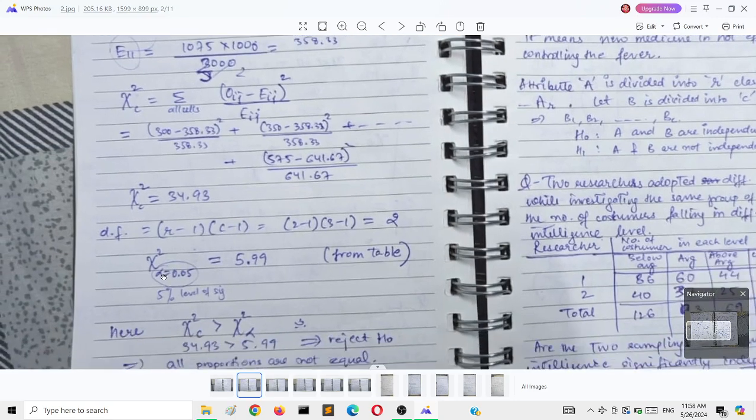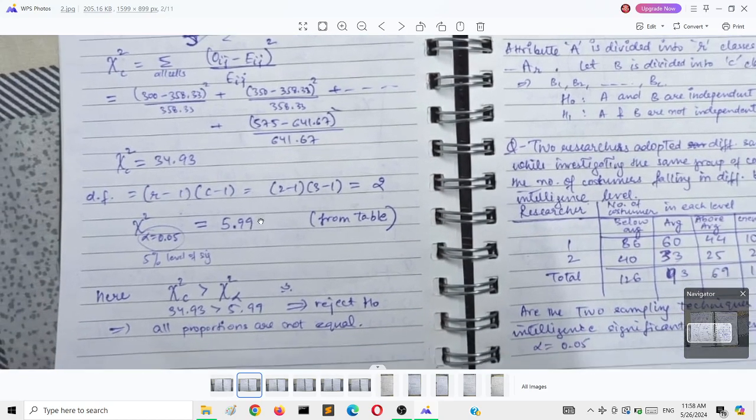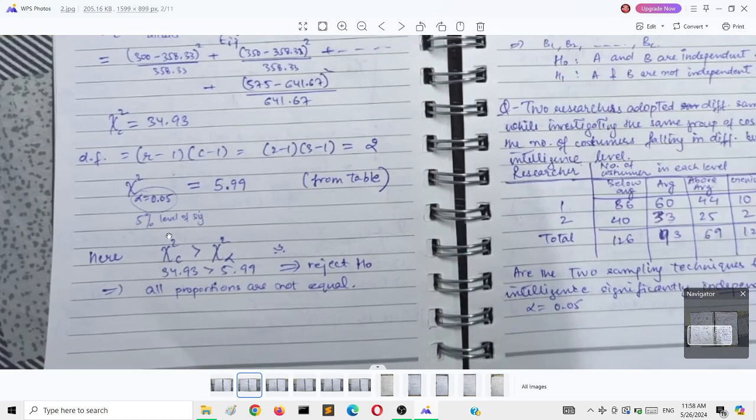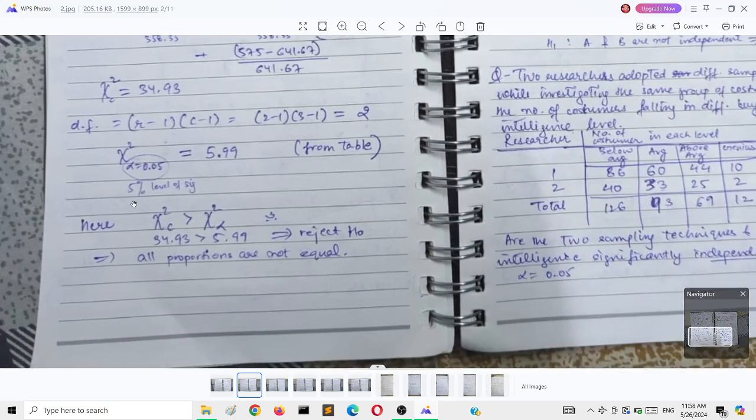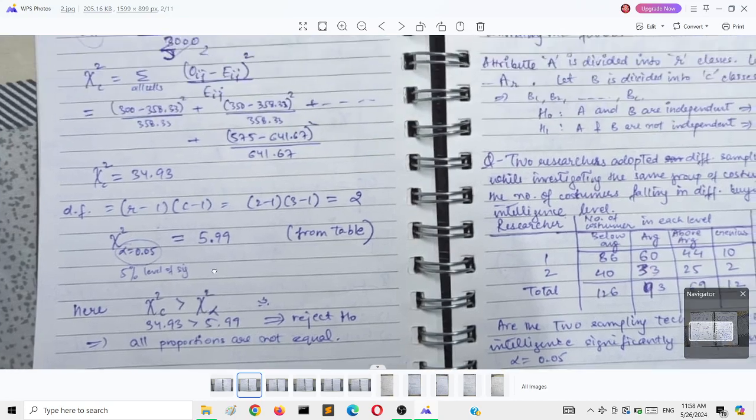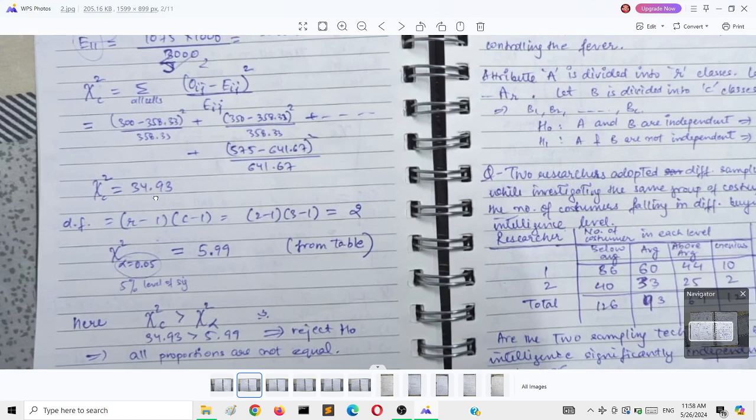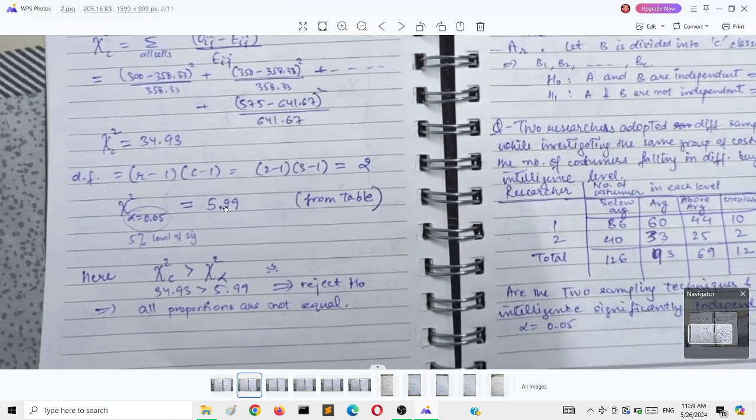So we get the chi-square value for alpha 0.05 from the table. That's 5.99, and this is the 5% level of significance. Here the computed chi-square value is greater than the critical value. The computed value comes out to be 34.93, and the critical value is 5.99.